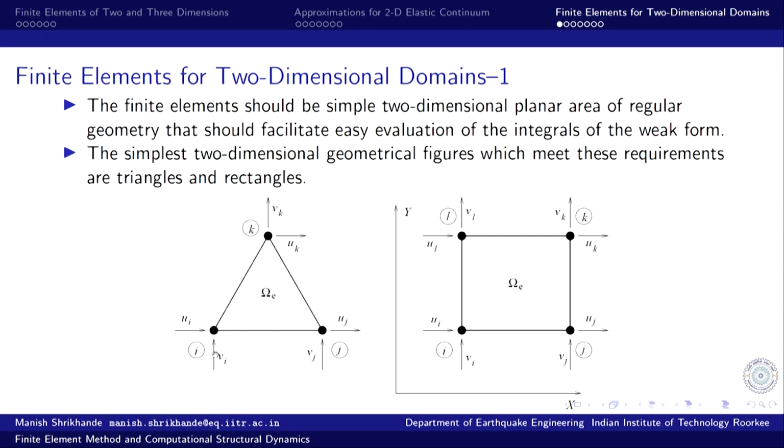So, u i, v i, u j, v j at node j, and u k, v k at node k. Similarly, for the rectangle element it is i, j, k, l, with 2 degrees of freedom at each node: u i, v i, where u is the deformation along x direction and v the deformation along y direction, then u j, v j at node j, u k, v k at node k, and u l and v l at node l.